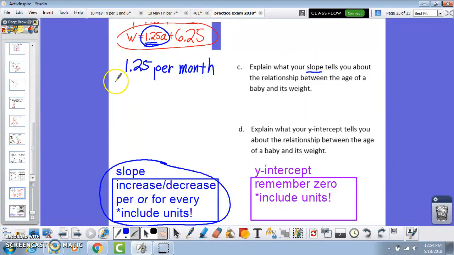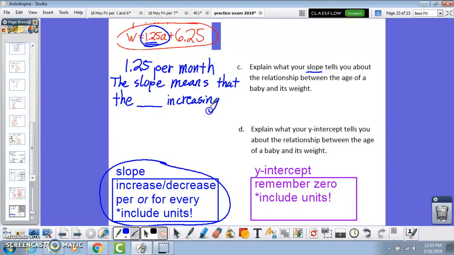So we can do a little better and say the slope means that the something is increasing by 1.25.